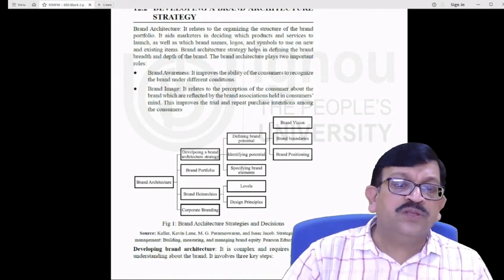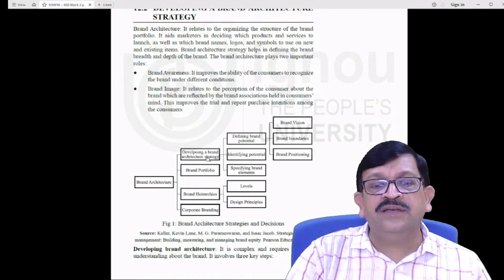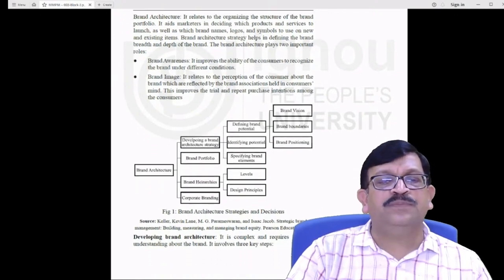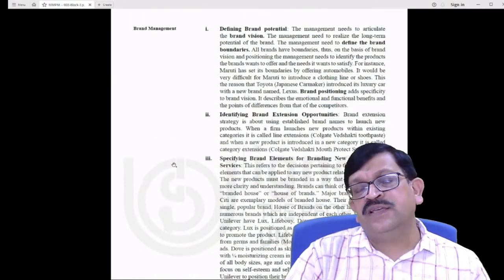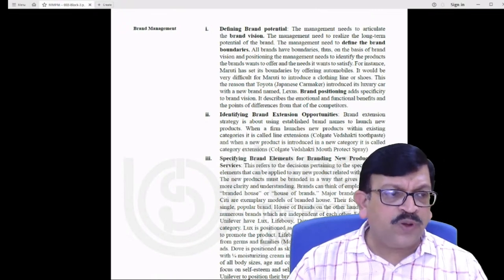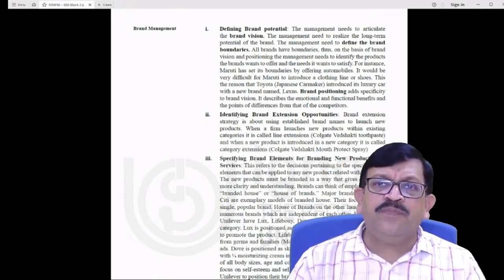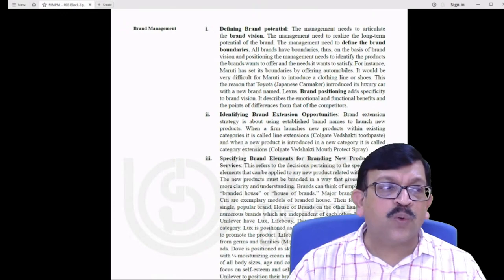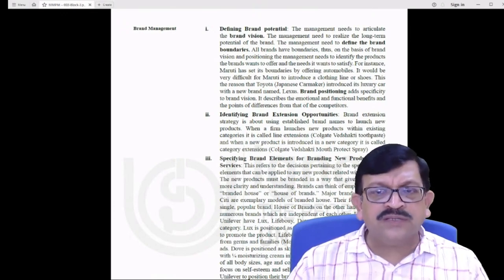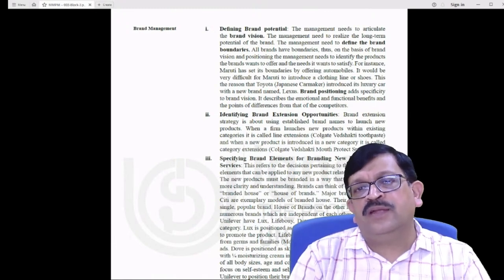Developing a brand architecture is a very complex matter and requires the following steps. The first thing is defining the brand potential, what we call the brand vision. Every brand has a certain boundary which it needs to define going forward, because there are certain limitations on whether the brand can go beyond it.